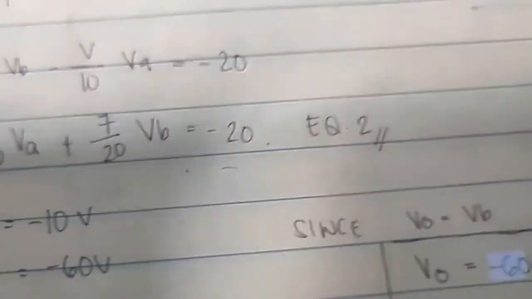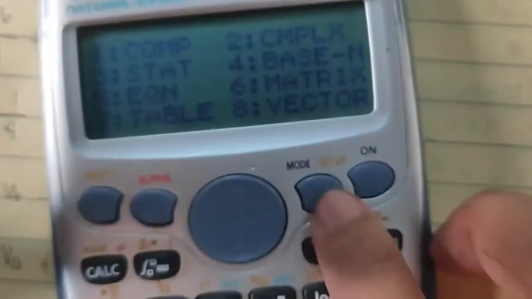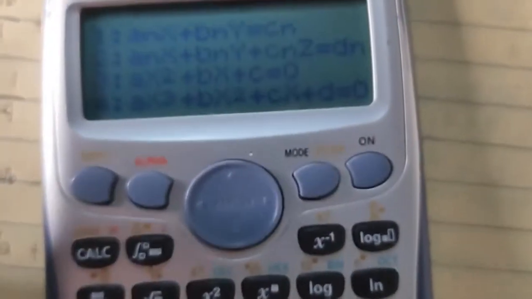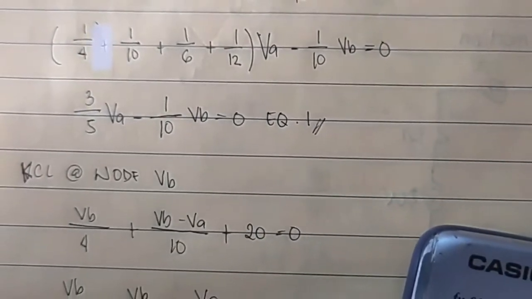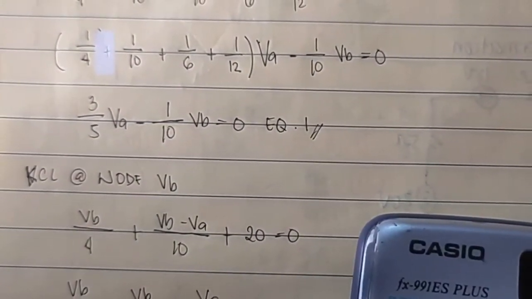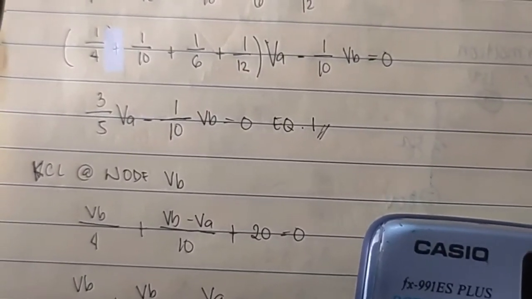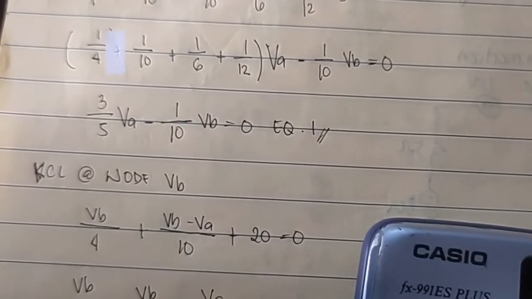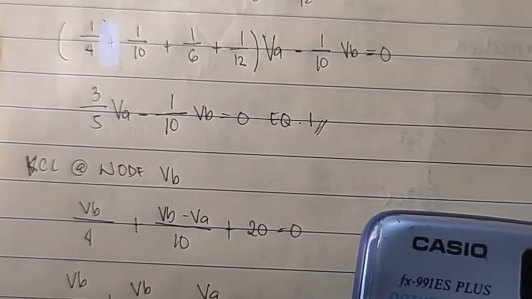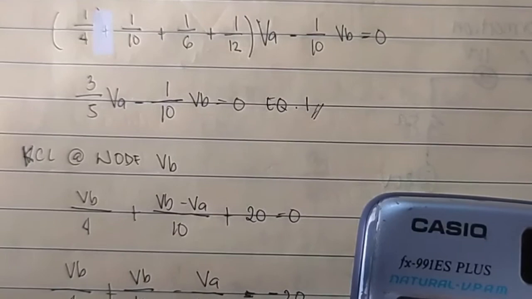So by using the calculator, mode 5, 1, we input the first equation that we have: 3 over 5 for VA, minus 1 over 10, 0.